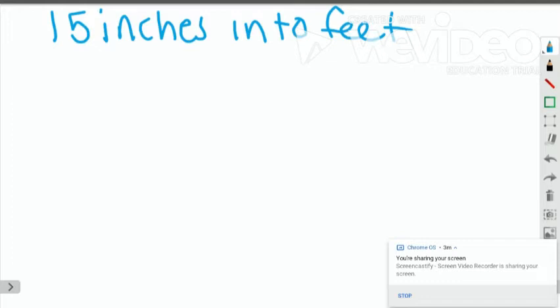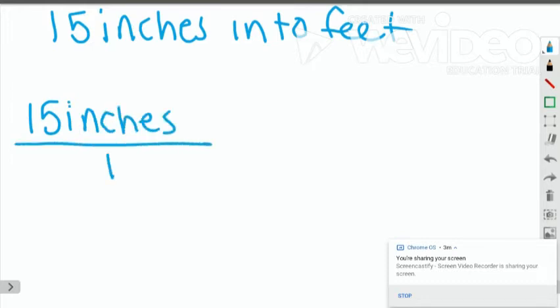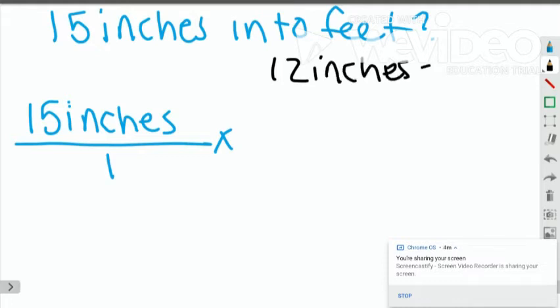So we would start with that 15 inches and we would put it over 1. You would always start with putting everything over 1, and then you would think back to an equality between inches and feet. If you would take a ruler, there are 12 inches in 1 foot.